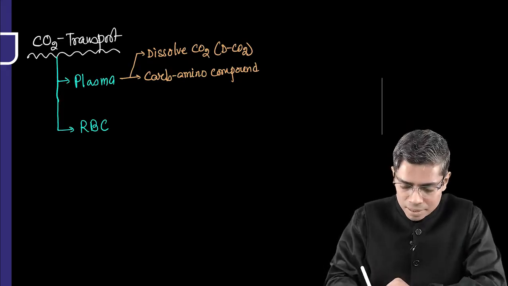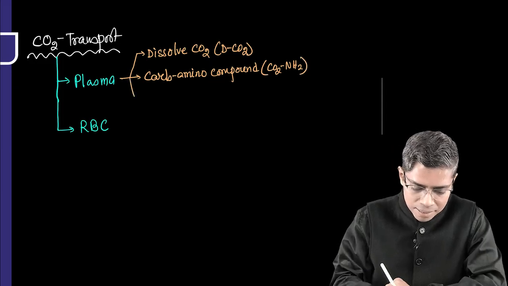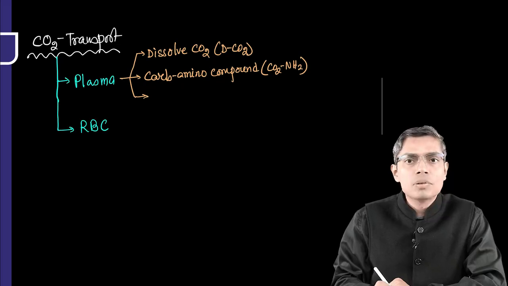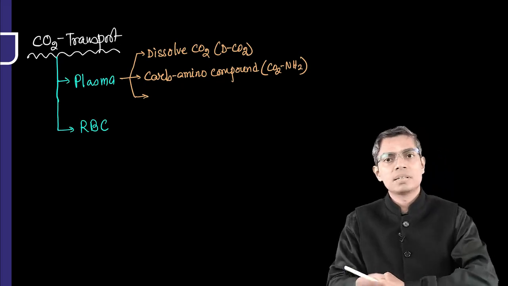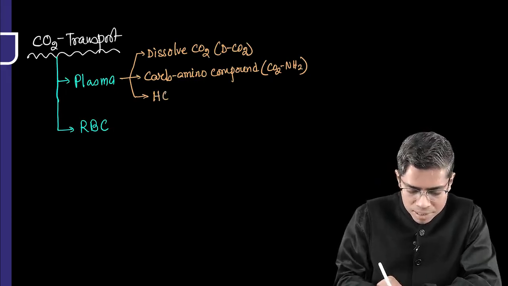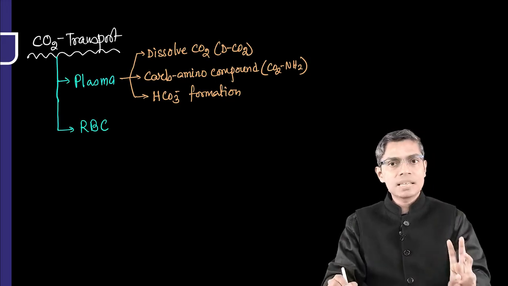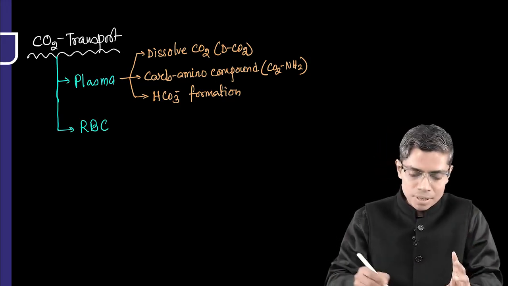So I'm writing here CO2 attached with NH2 group of plasma protein. And then carbon dioxide also forms bicarbonate after reacting with water. So the third form is the bicarbonate formation, right? So at the level of plasma, there are three formats of carbon dioxide.